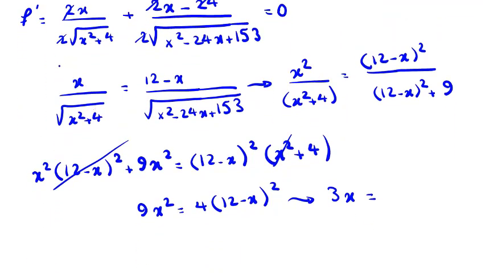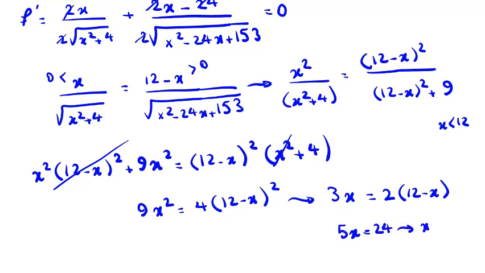So here, without loss of generality, you can say x is positive. Because x is positive, 12 minus x must also be positive. So x is less than 12, because if you take negative x to the right side, 12 minus x is positive. So the absolute value of this will be 2 times 12 minus x. Now we say, okay, negative 2x, if we take it to the left hand side, will be 5x equals 24.